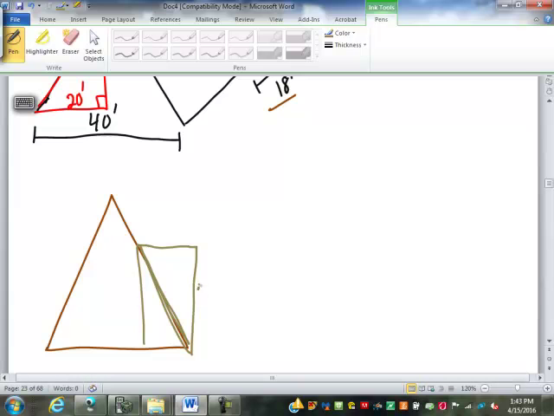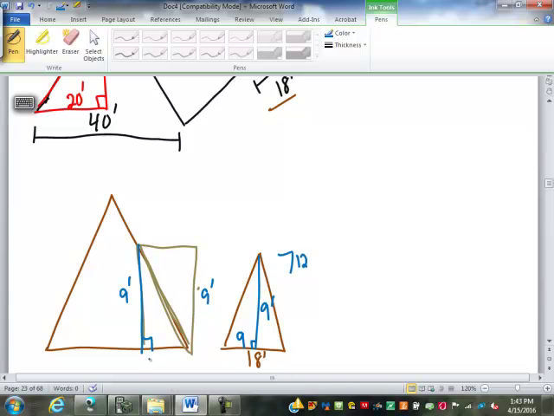So I first need to know the height of this. It's 18 feet. I've got a run of 9 feet. It's a 12-12 slope, correct? Can anybody tell me the height without typing? 9. There we go. So this is 9 feet high, so that makes this 9 feet high.